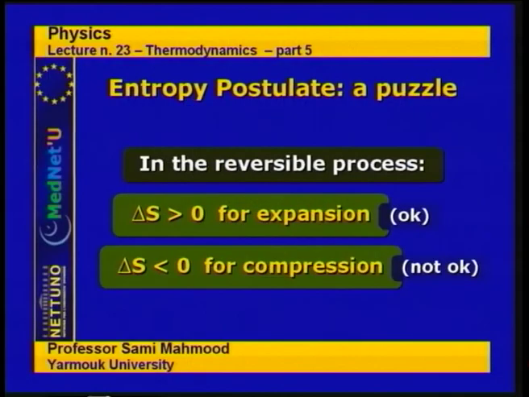However, in the reverse direction, if we compress the gas back to its initial state, we should have delta S negative, because as the piston goes down, the work done by the system is negative, which means the heat is released to the environment.